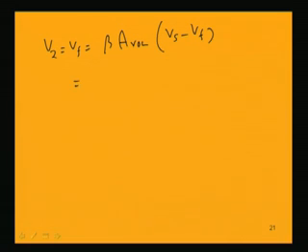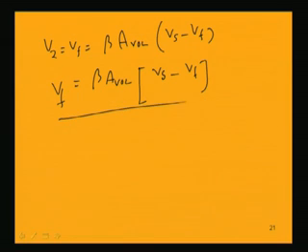This is beta AVOL into Vs minus Vf basically.